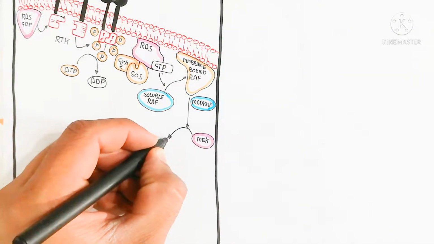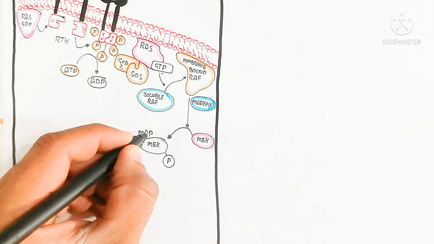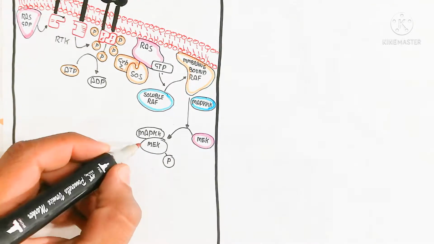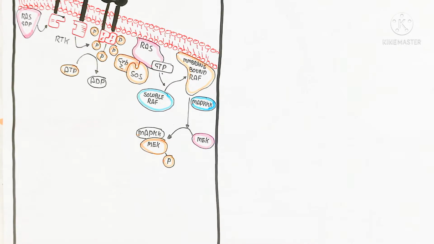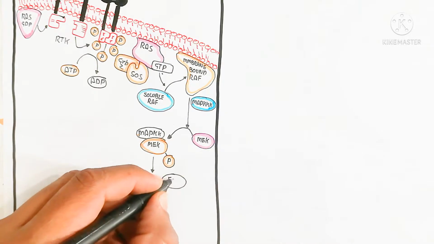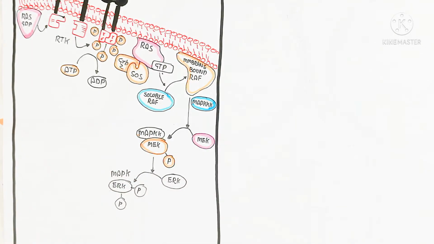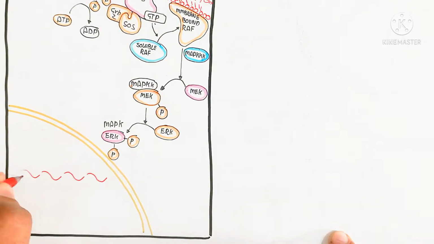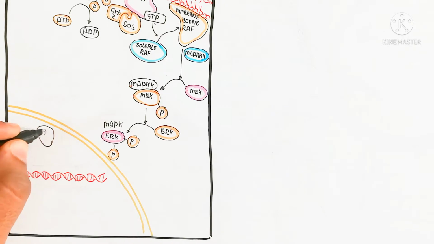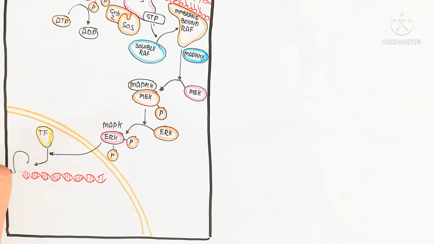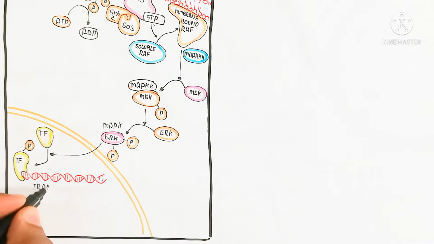RAF is used to activate the MEK protein from inactive to active, and this MEK phosphorylates the mitogen activated protein kinase, which again converts into the mitogen activated protein kinase to become ERK activation, and this ERK is the transcription factor that binds within the nucleus.